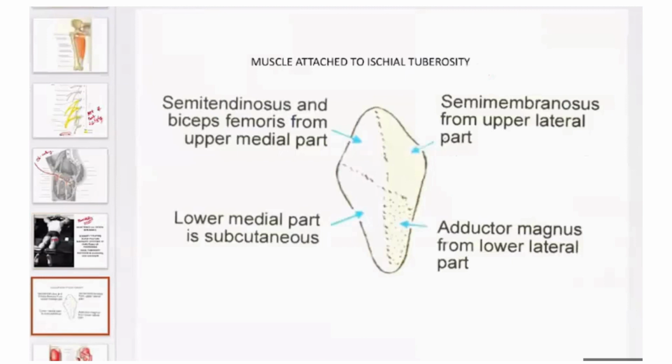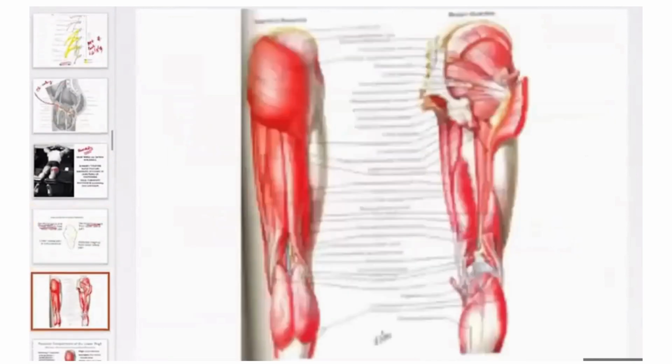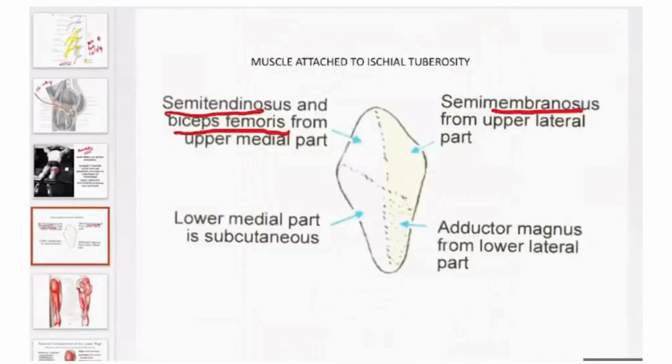There are some criteria to be hamstring. The muscles on the posterior compartment of the thigh are semitendinosus, semimembranosus, and biceps femoris. These are the muscles of the posterior compartment of thigh. There are 3 muscles on the posterior compartment of the thigh, and you get a large nerve on the posterior compartment. The nerve is the sciatic nerve.